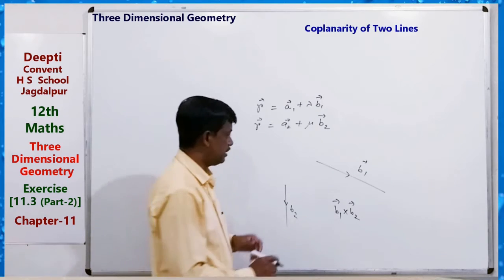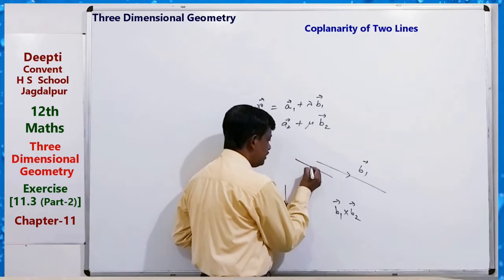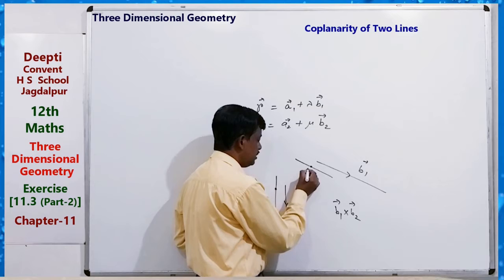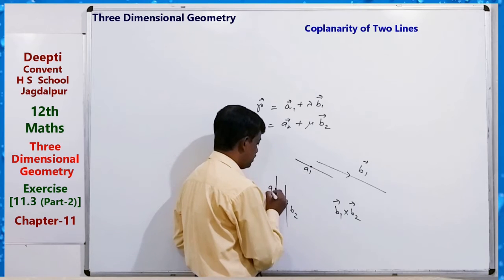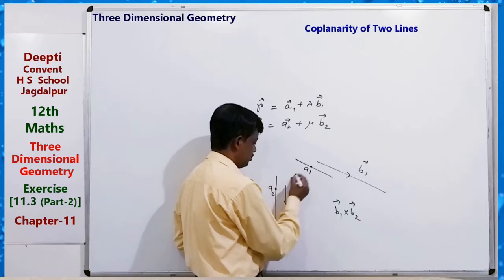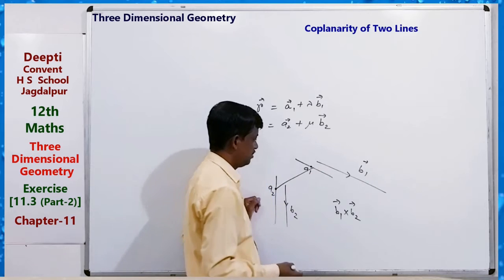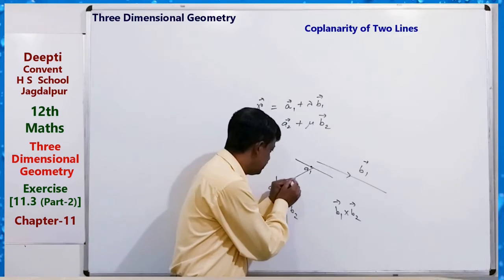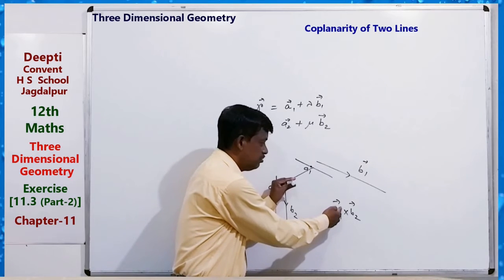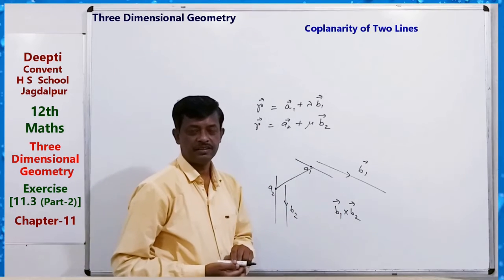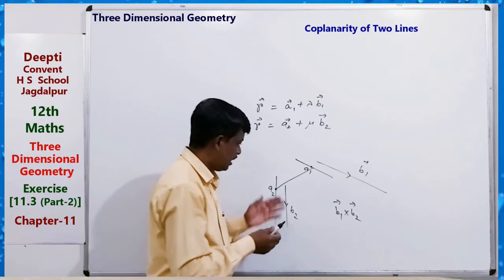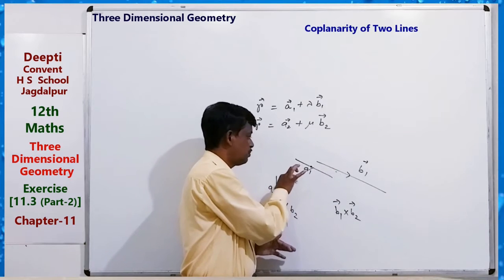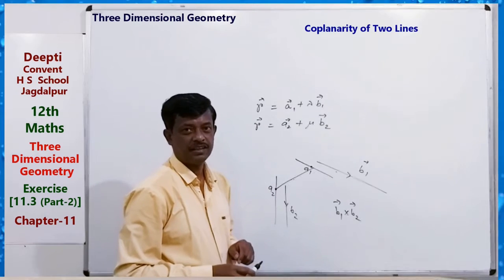In this line there is a point A1, and in the other line a point A2.